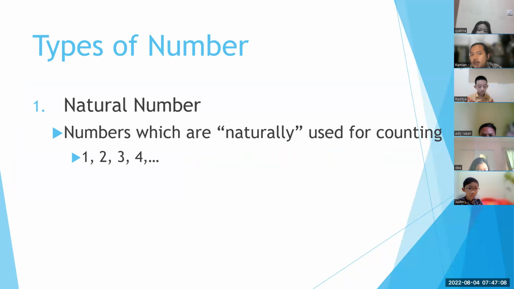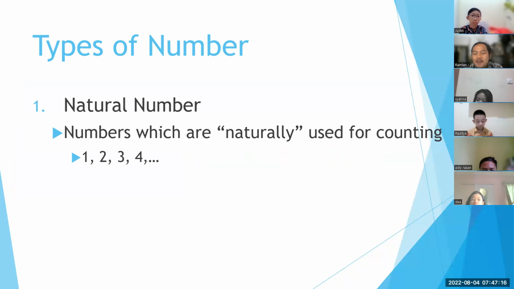Like I said before, guys, you need to write it down, because later on I'm going to give you questions in a table. The task is for you to determine whether a number is included as a natural number, integer, whole number, and so on. So you might want to write this down.